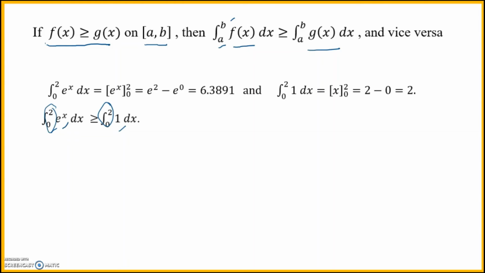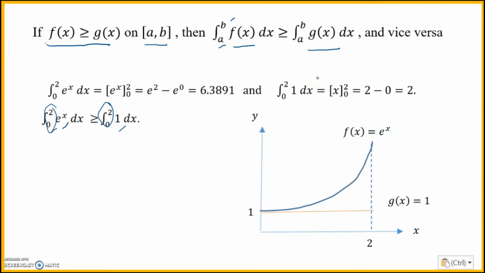If you look at the graph, the orange line is g(x) equal to 1, so this is the region under g(x) equal to 1. And the blue line is the graph for e to the x, so the region under the function e to the x is this.